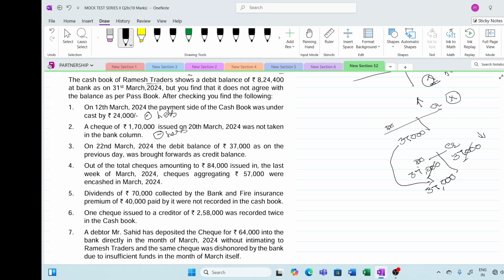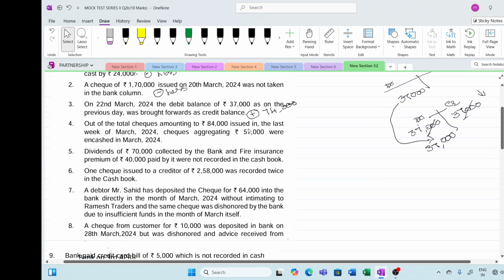You have to put 74,000. I hope it's very clear to all of you. So this item will appear as 74,000. Otherwise also you can keep it in mind: whenever your side gets changed, the rectification will be done by double of the amount. Okay, next one.